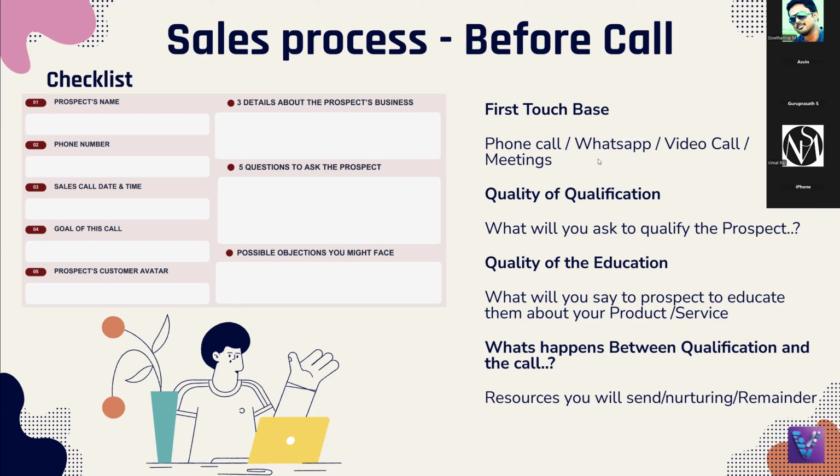So we have to set which medium we contact through, and also what is the quality of qualification. Before going to the call we need to set our criteria, because if you are selling a product of like 1 lakh to 5 lakh rupees, you are not able to pitch at a mid range, right?